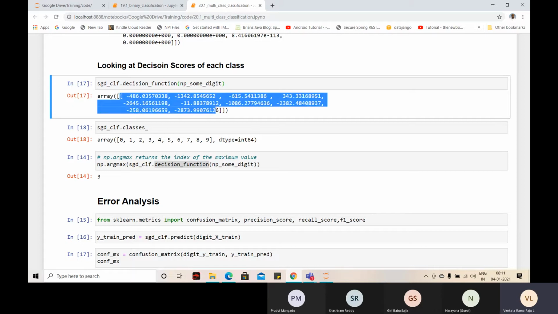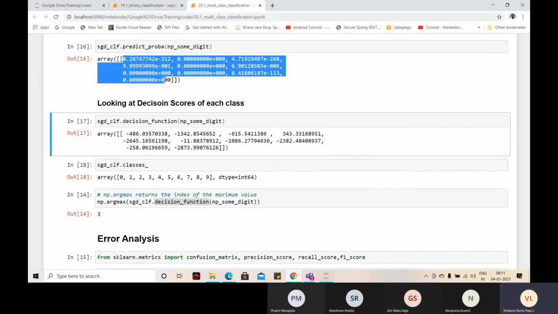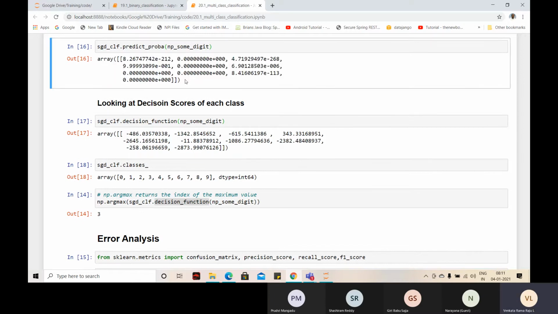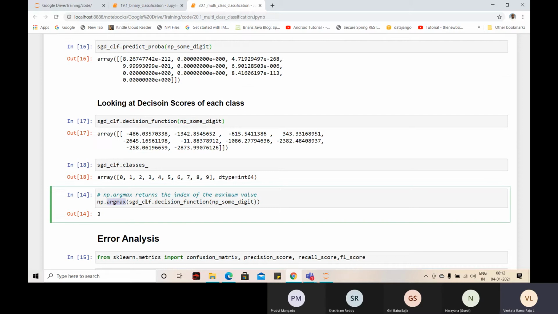When you sum all these probabilities it should be 1, so the 0.3 will be distributed among the other classes. If somebody wrote 5 and 8 in a confusing manner, and we build a model with that data, the model may give probabilities or decision scores which are close. But ultimately it's going to take argmax only. Got it? Theoretically.